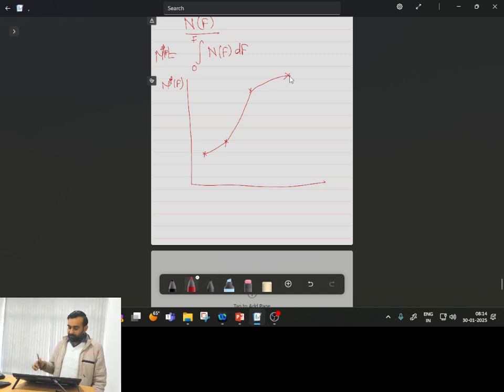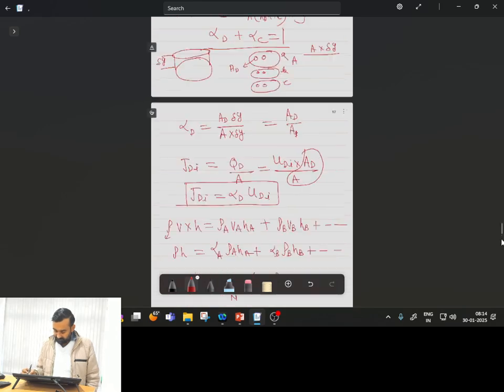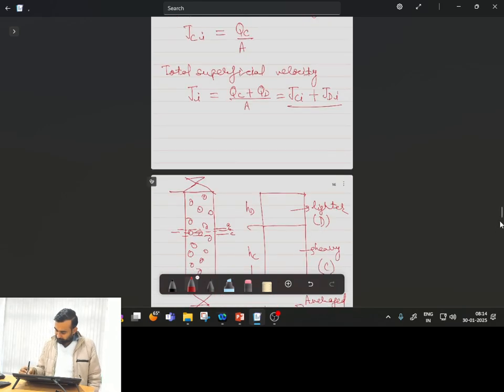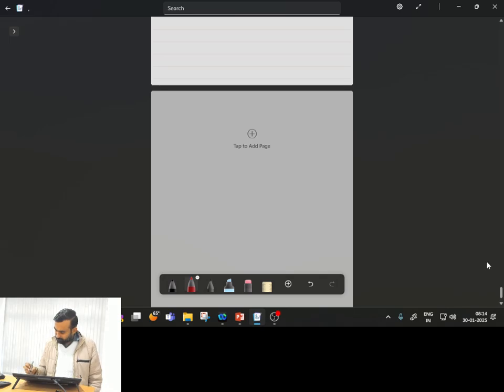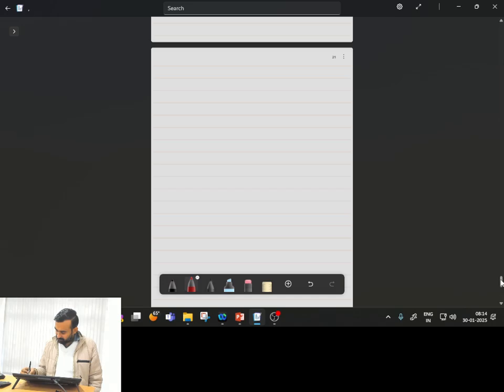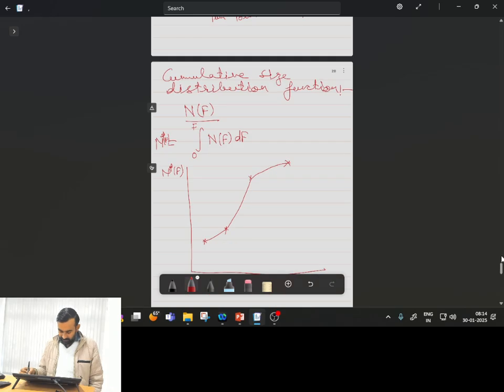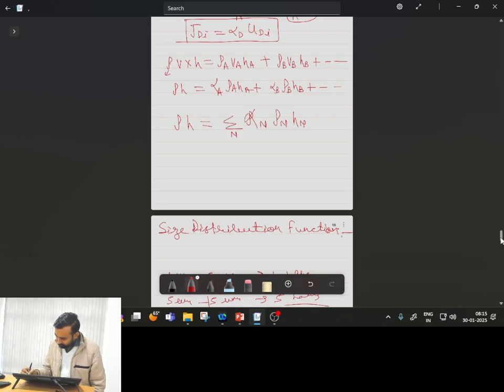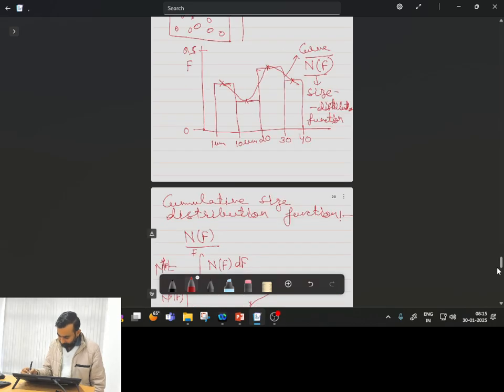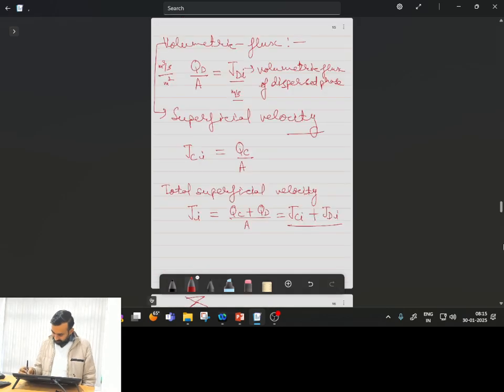Okay, now one important point in this function, this is not behaving properly.